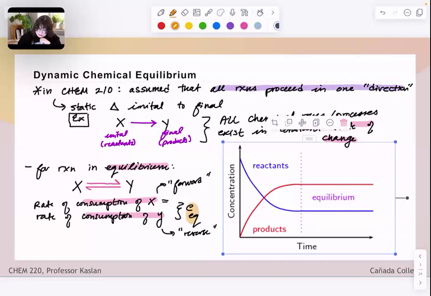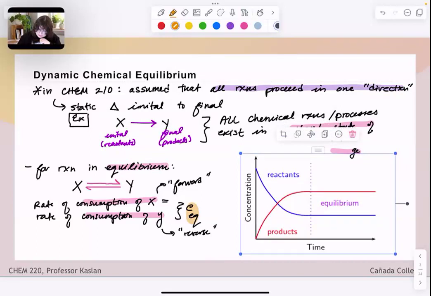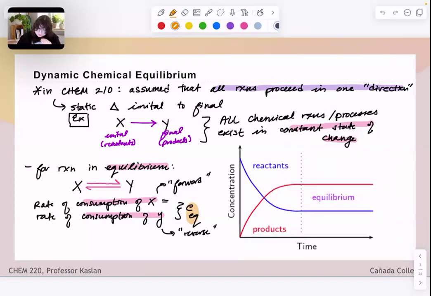So let's look at this little graph that I've got over here, which really shows how the concentration of reactant and product can change over time until we achieve equilibrium. So we're looking at reaction time. Here we've got T equals 0, which is the time right before the reaction begins.